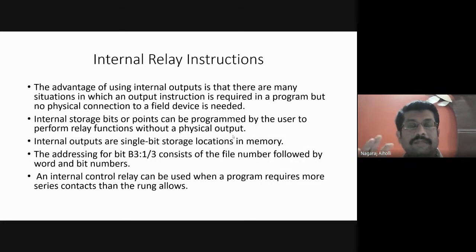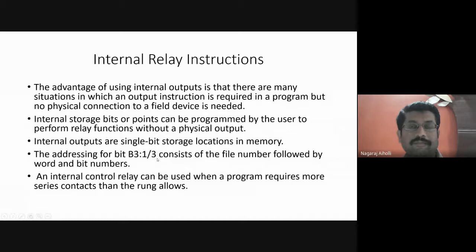There is a certain method used for using these bits. The method is B3:1/3. This is one example that I have quoted here. B3:1/3 means, B3 is the file name. Then 1 indicates the word number and 3 is the bit number.